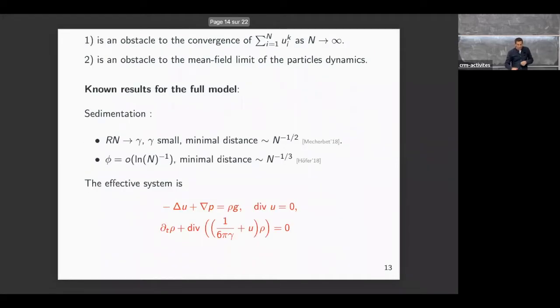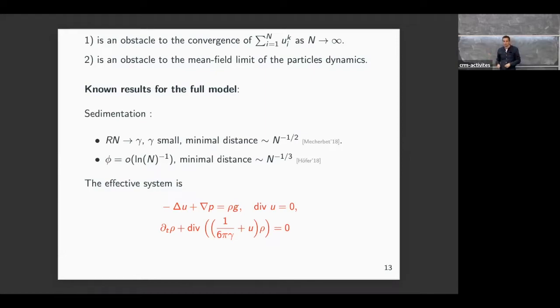So, for instance, due to slow decay, it can be hard to show convergence when you sum these one-ball solutions, from 1 to n. When you send n to infinity, if they do not have good decay, you don't have integrability.